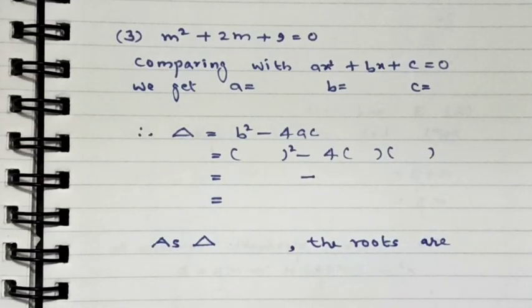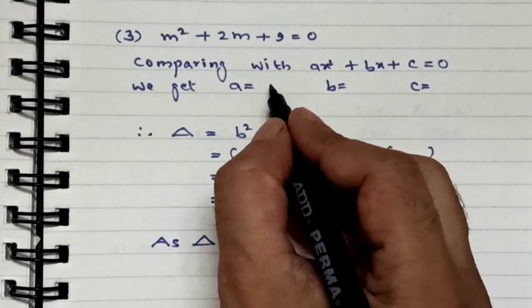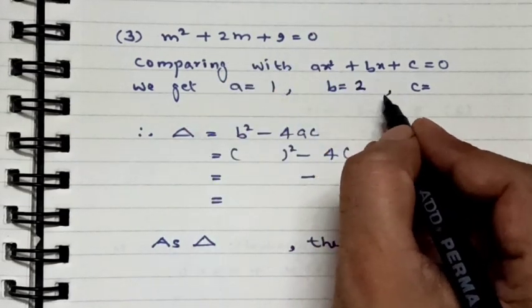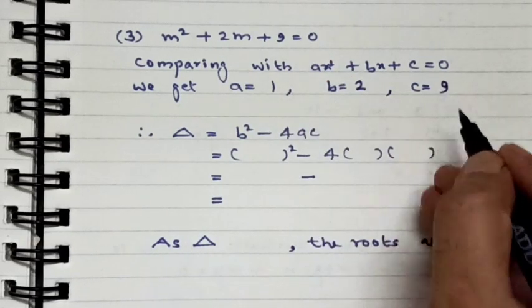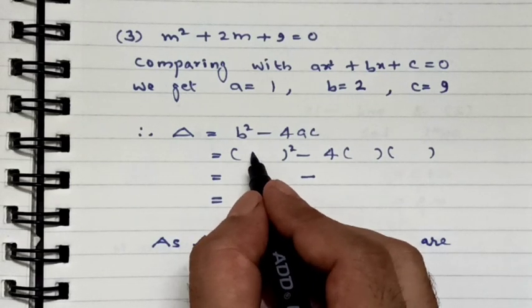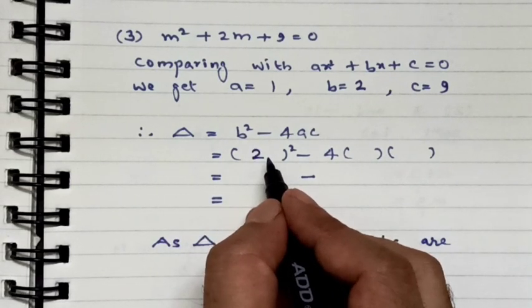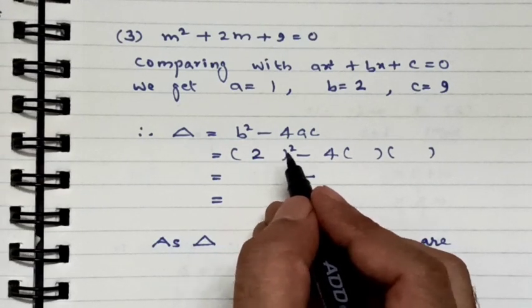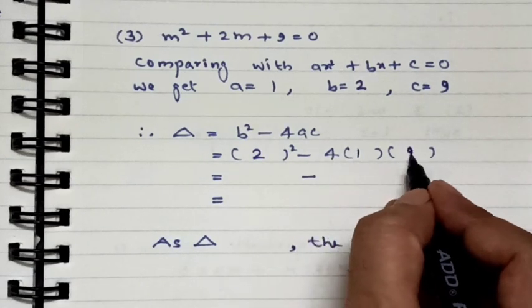Let's go to question number 3. M square plus 2m plus 9 is equal to 0. Here a is equal to 1, b is equal to 2, and c is equal to 9, which you know now. You can do it. Put the values to get delta. B is 2, so 2 square, and then a is 1 and c is 9.